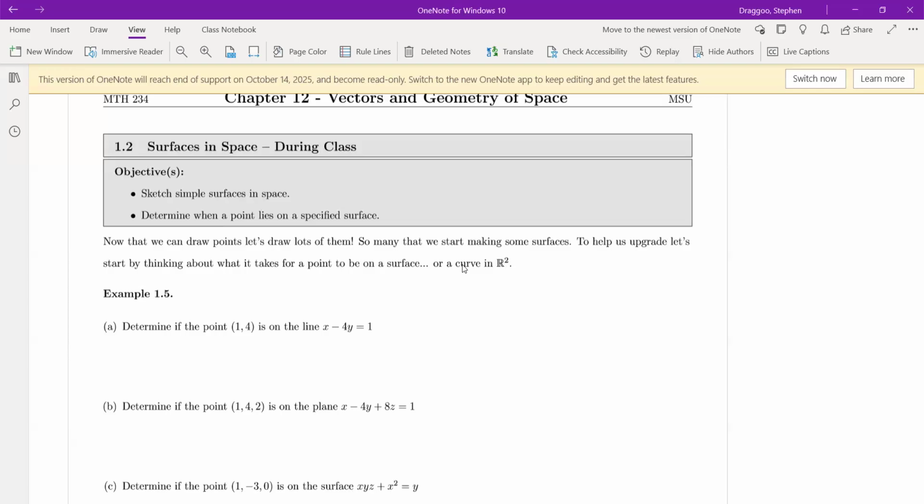So x, y, z. One of the things I'll mention about my notes is that I'll try my best to color code a few things to help you follow your way through problems. I've tried to standardize using specific colors for x, y, and z. This is particular to me and my own notes.